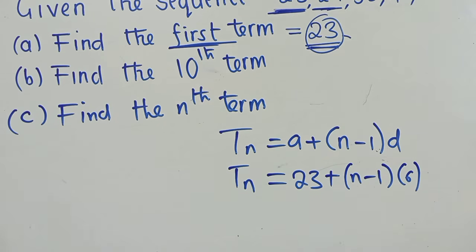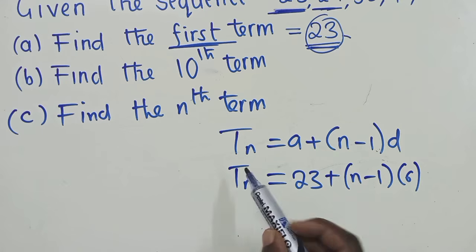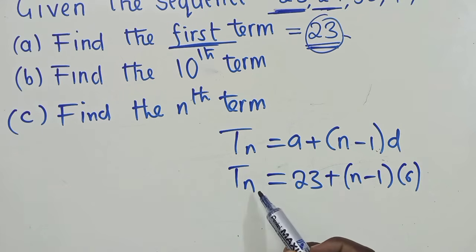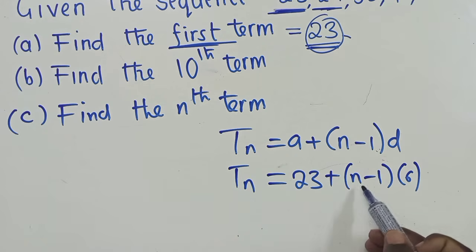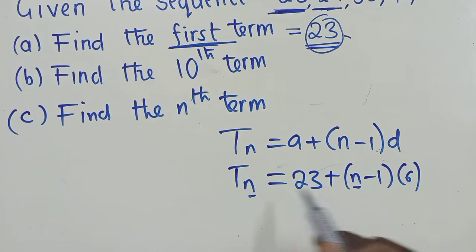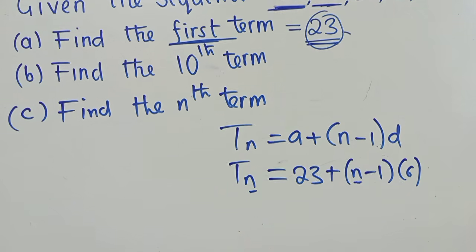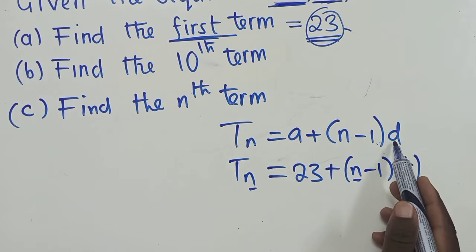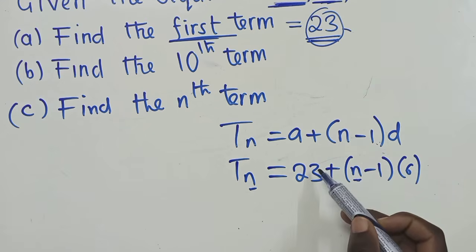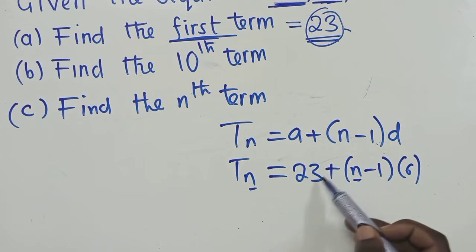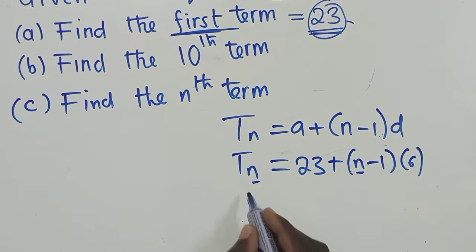In other words, when they ask you to find the nth term, they want you to come up with your new formula to find the term. That formula must be showing only the n. A and D must be replaced or substituted by their values. So for A, we have a 23, D, a 6.